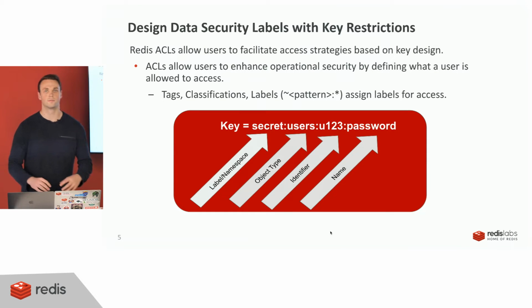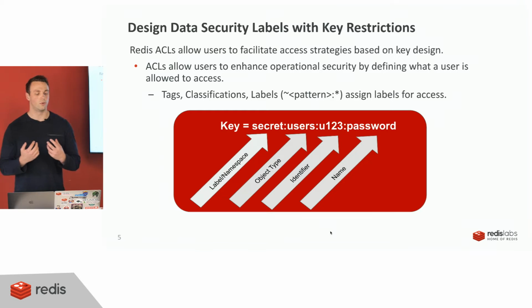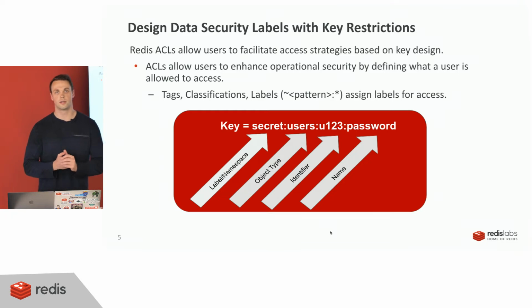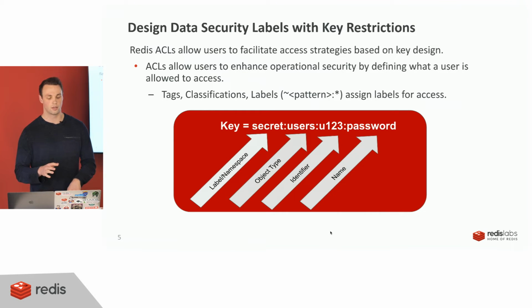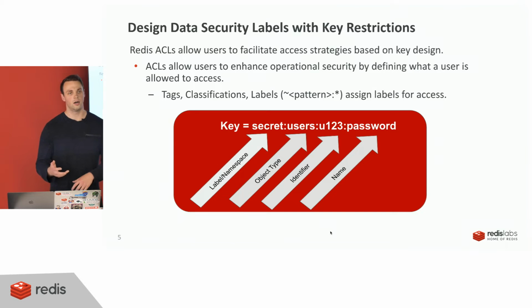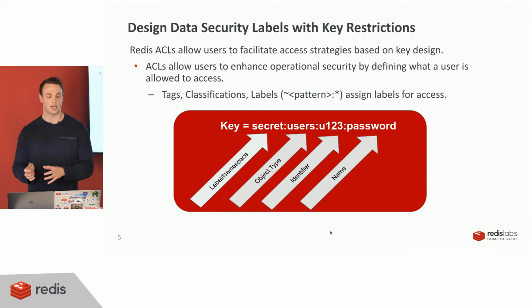So first, how do we do key restrictions if you're using a prefix? Traditionally in Redis, you use an object, an identifier, and potentially an optional name to define the key.